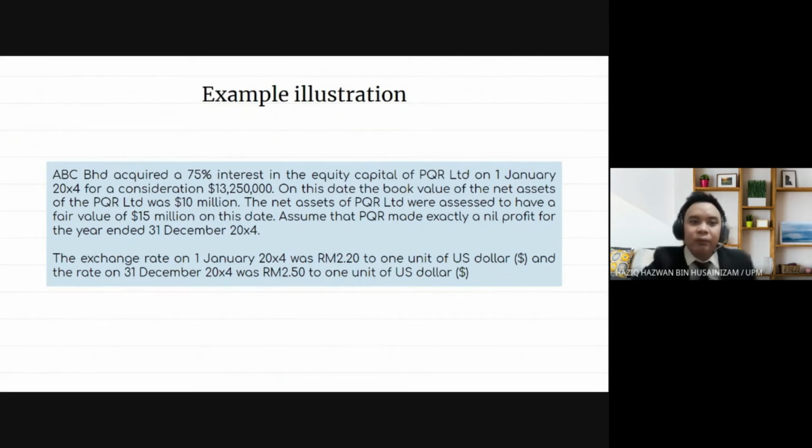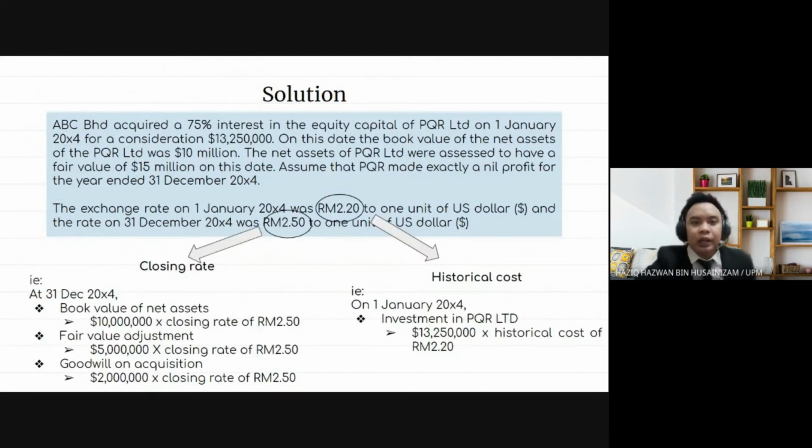The exchange rate on 1st January 2004 was 2 ringgit 20 cent to 1 unit of US dollar, and the rate on 31st December 2004 was 2 ringgit 50 cent to 1 unit of US dollar. So here, 2 ringgit 20 cent is the historical rate, while 2 ringgit 50 cent is the closing rate.